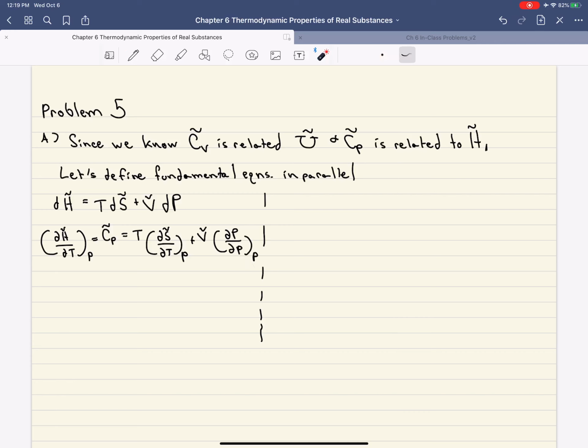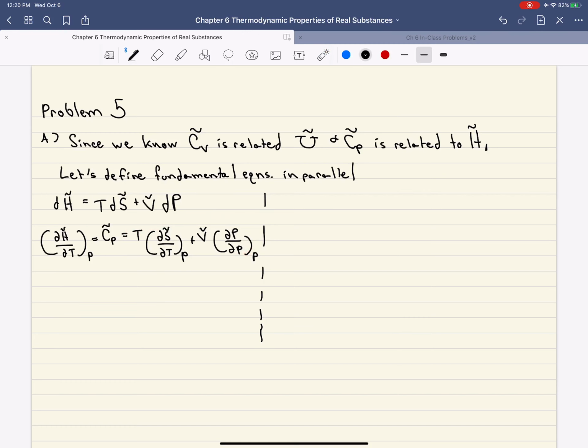We get this essentially by applying the expansion rule, because you could think of it as we want to redefine enthalpy in terms of temperature and pressure, but the original canonical variables are entropy and pressure. So you would apply the expansion rule in order to get this sort of statement.